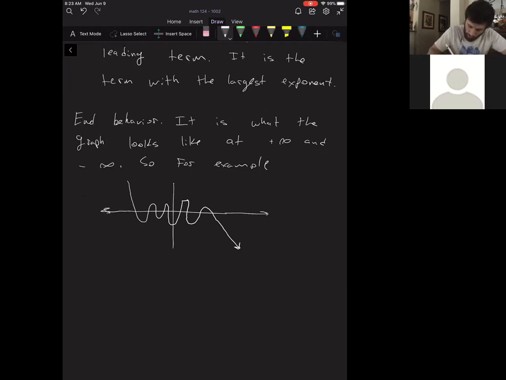So the end behavior of this graph, here's plus infinity over here, minus infinity over here. The end behavior is just what happens at the very end. At the very end, we see the graph just moves up forever on the left-hand side, and on the right-hand side, it just moves down forever. So this green section that we just drew is the end behavior.